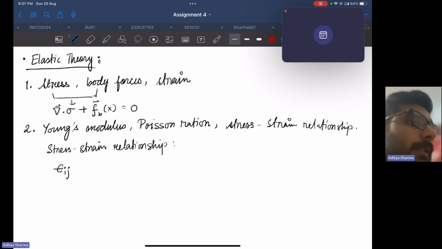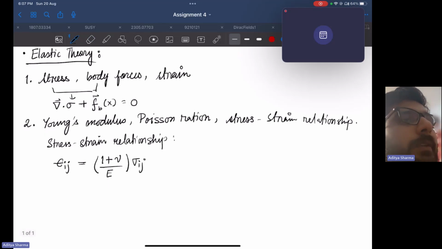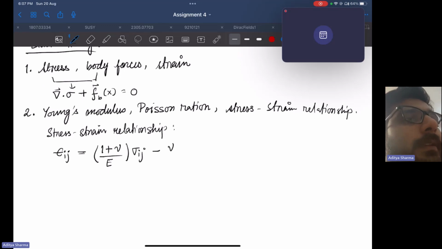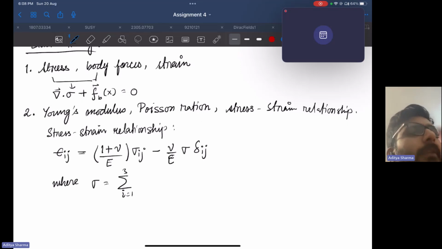The stress strain relationship is epsilon ij, which is the strain matrix, equal to (1 plus mu) by E times sigma ij, minus mu by E sigma delta ij, where sigma is equal to the sum over i = 1, 2, 3, that is 3 dimensions, of sigma ii.